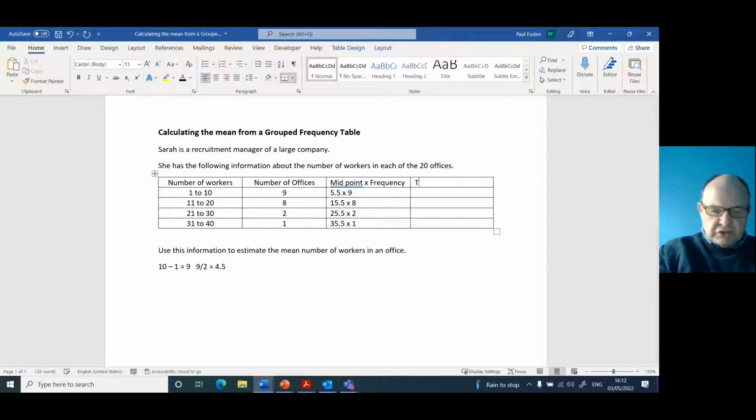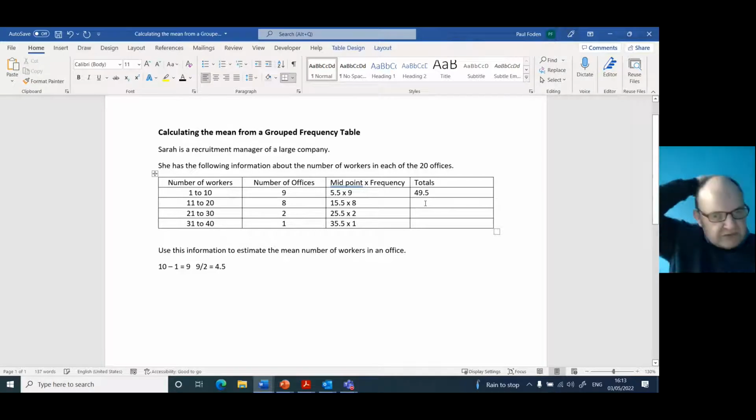And then we look at our totals for each of these amounts. Again, we can use a calculator for these. For our first one, we have 5.5 multiplied by 9, which equals 49.5.